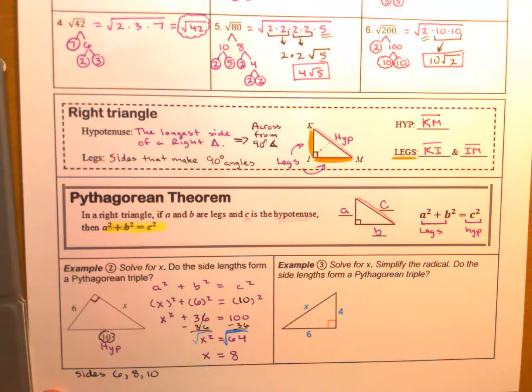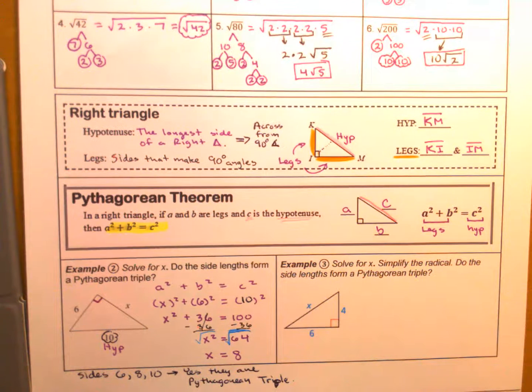They're all whole numbers, no decimals, no radicals. Then the answer is yes, they are a Pythagorean triple. Again, a Pythagorean triple just means that they followed the Pythagorean theorem and everything was a nice whole number.